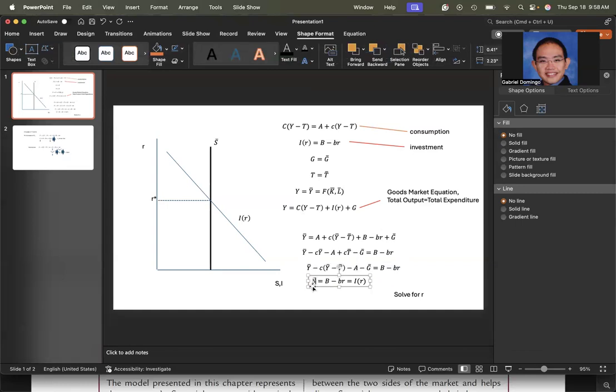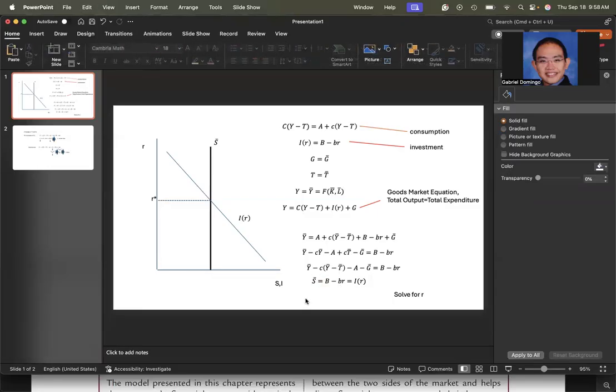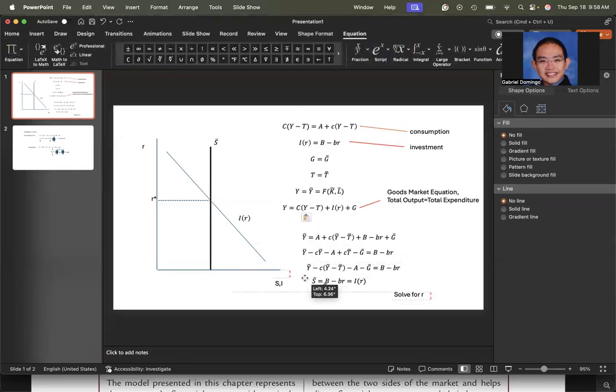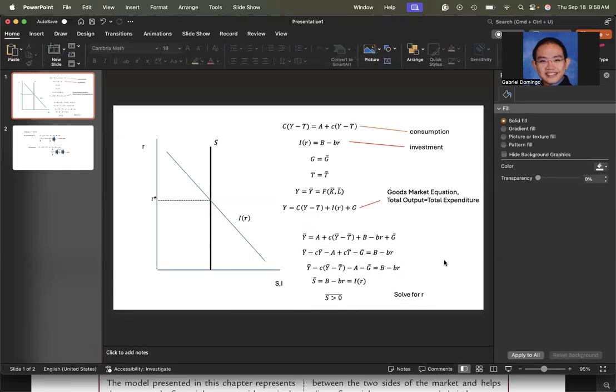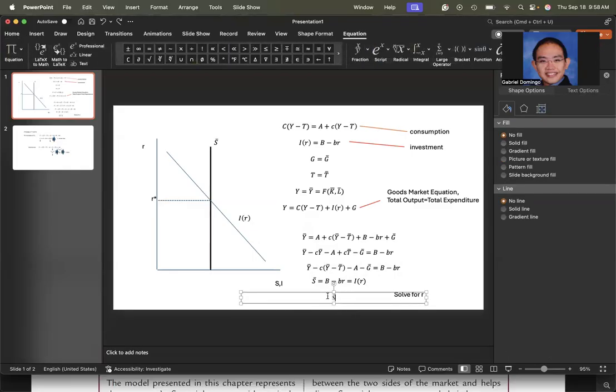But what's important, guys, is your savings has to be, I'm going to copy this. It must be that your savings is always going to be greater than 0. Okay? At least in the closed economy. And therefore, your investment will also have to be greater than 0.